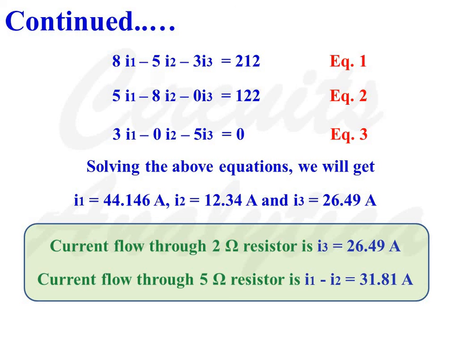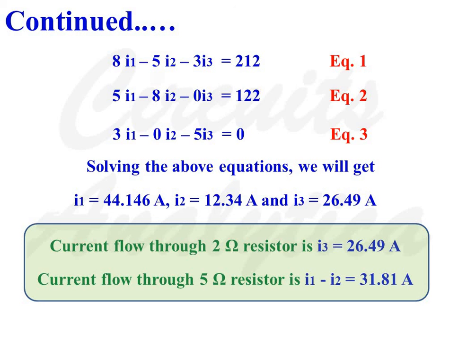Solving the above equations, we will get I1 is equal to 44.15 ampere, I2 is equal to 12.35 ampere and I3 is equal to 26.49 ampere.